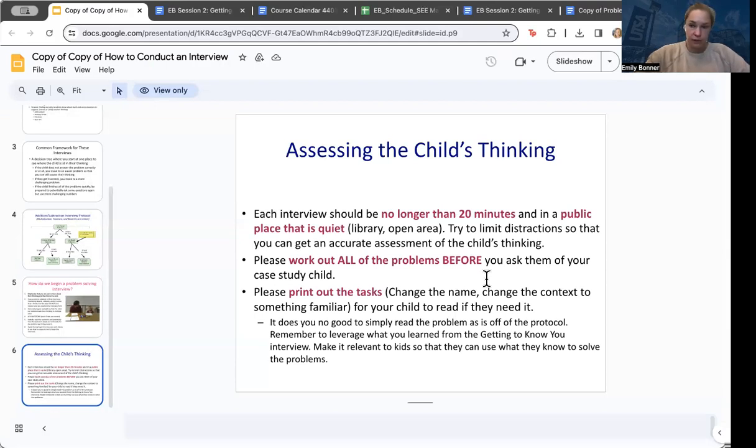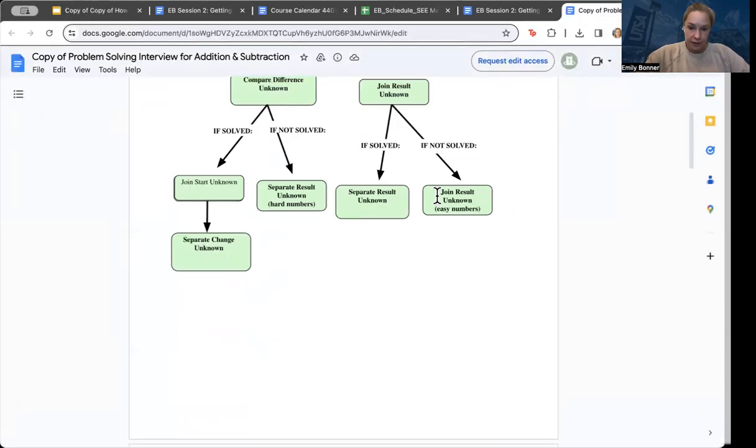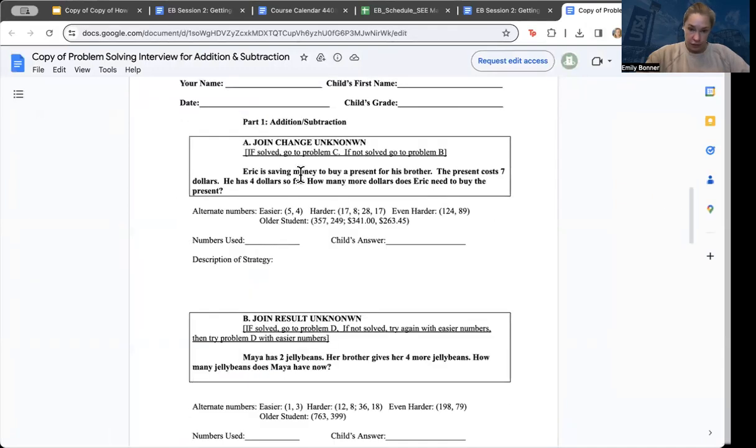context to fit that. So here in the problem solving interview for addition subtraction, this is Eric saving his money to buy a present. So maybe you change it to say the child's name is Joseph, right? So you say, oh, Joseph, pretend you're saving money to buy a present for your brother. You'd have to change that depending on what you learned about the student. Maybe they don't have a brother.